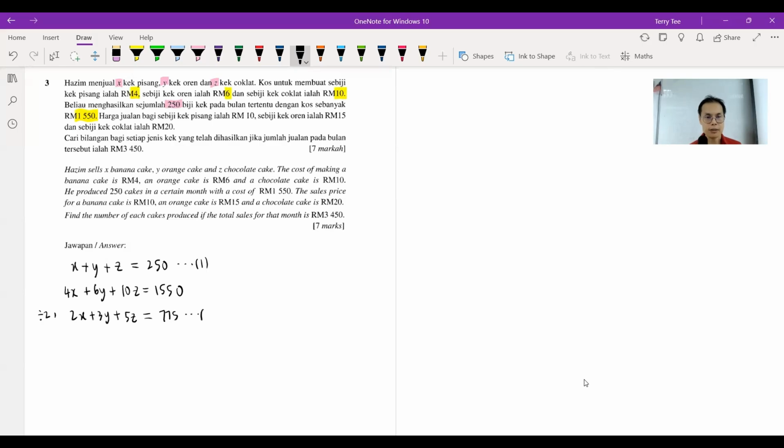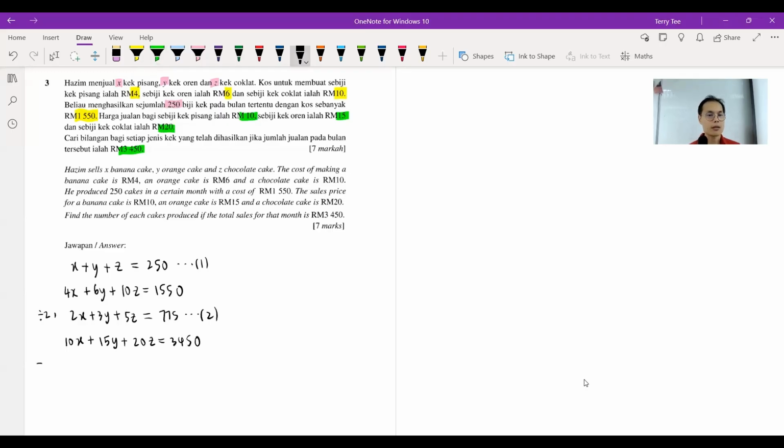Okay, second equation. The third equation is harga jualan. Your harga jualan for your cake pisang is 10 ringgit, orange 15 ringgit, cake chocolate 20 ringgit, and total harga jualan is 3450. So we say 10x plus 15y plus 20z is 3450.